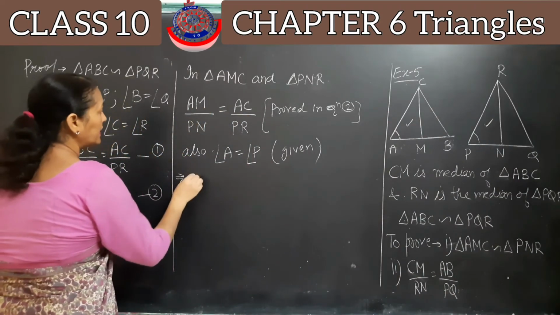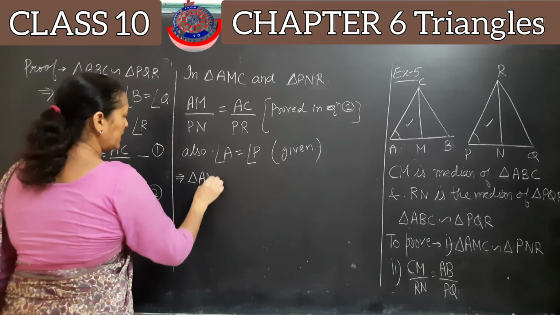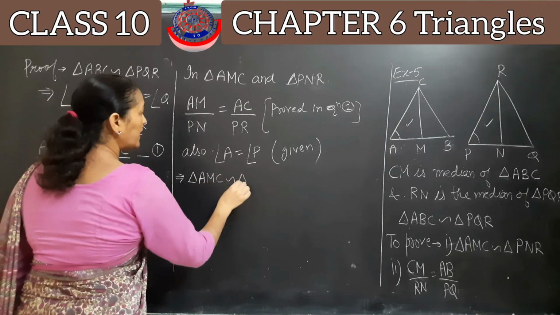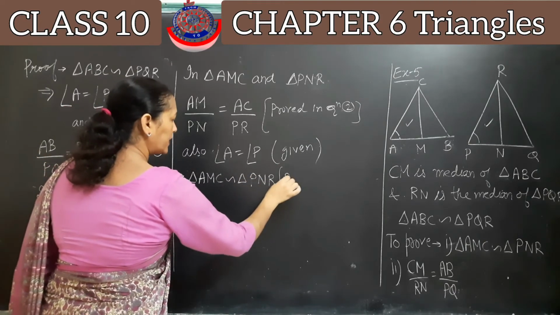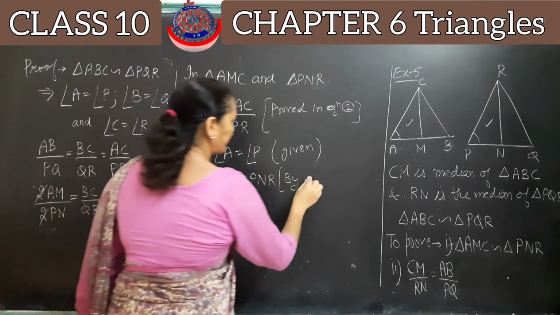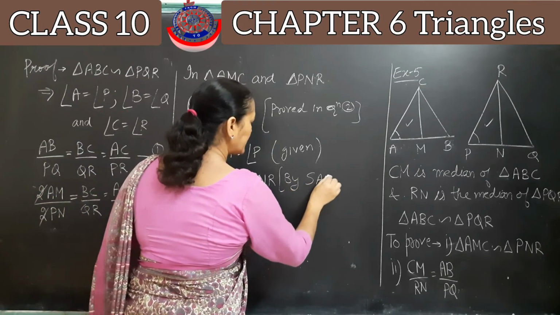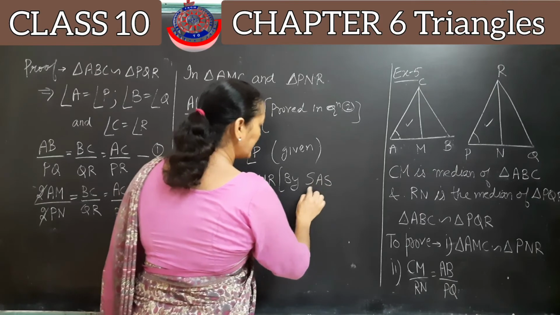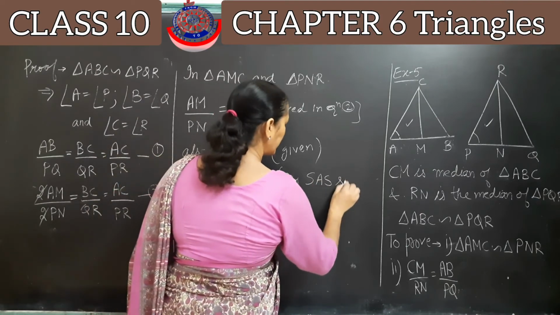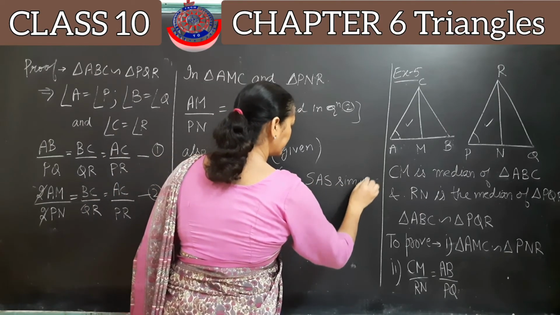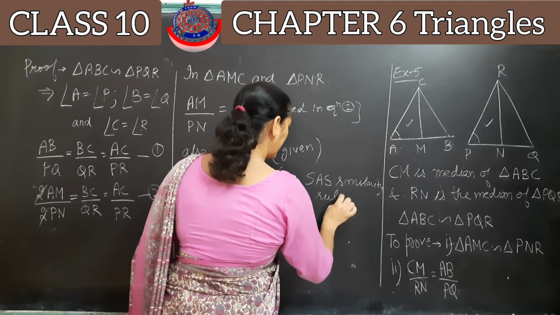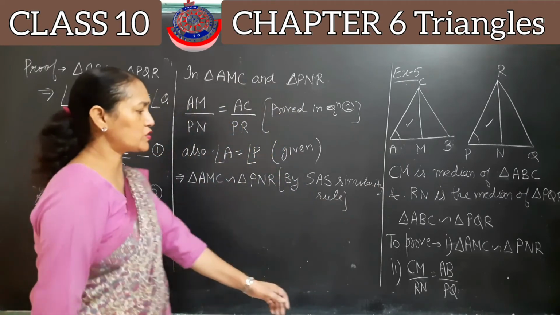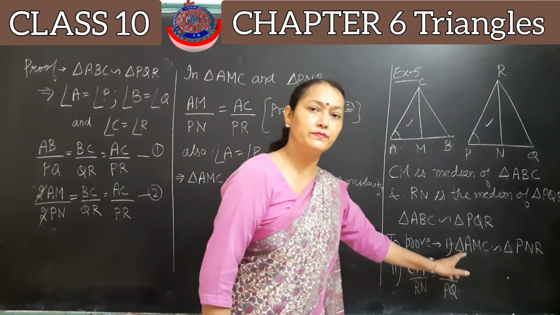This implies triangle AMC is similar to triangle PNR. We have used sides and the angle in between, so the SAS similarity rule is used. Now we have proved that these two triangles are similar.